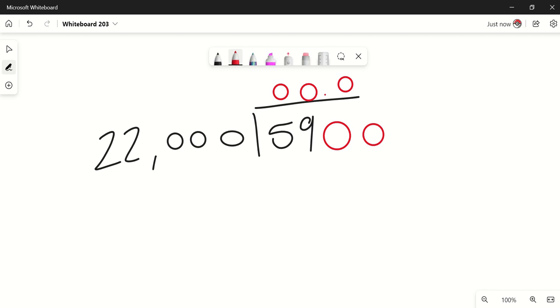Another 0. 22,000 still cannot go into this. Another 0. Annex another 0. Now 22,000 will go into 59,000. And I'm going to extend this bar over. It will go in, if I'm not mistaken, twice, because that'll be 44,000. And if I do it 3 times, it will be 66,000, so it wouldn't work there.